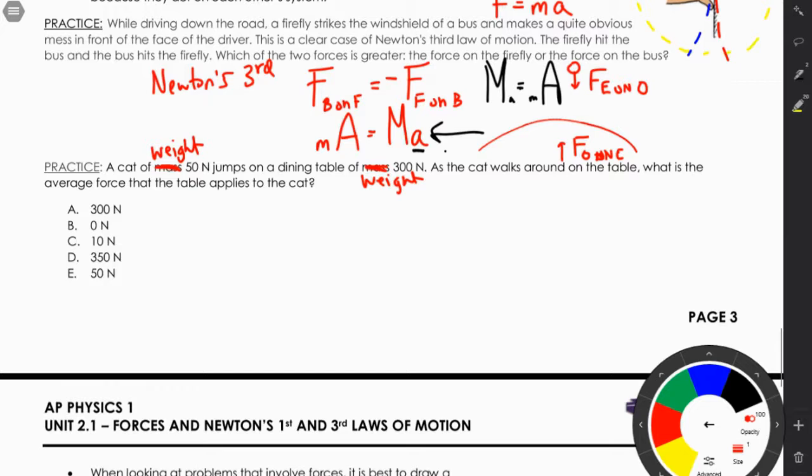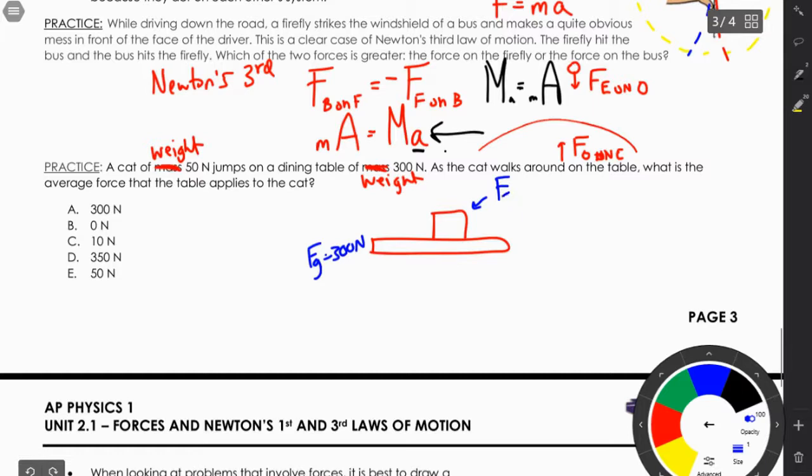As the cat walks around on the table, what is the average force that the table applies to the cat? So here's my drawing, I'm very artistic, as you can tell, right? So if the cat, and we know that the table has a weight, Fg, of 300 newtons. We know the cat has a Fg of 50 newtons, okay?